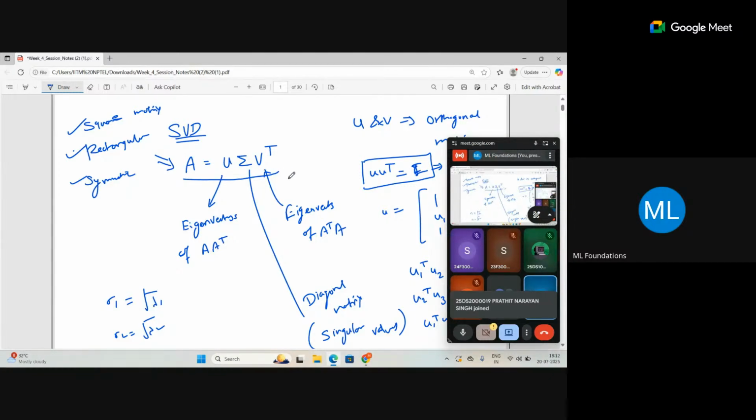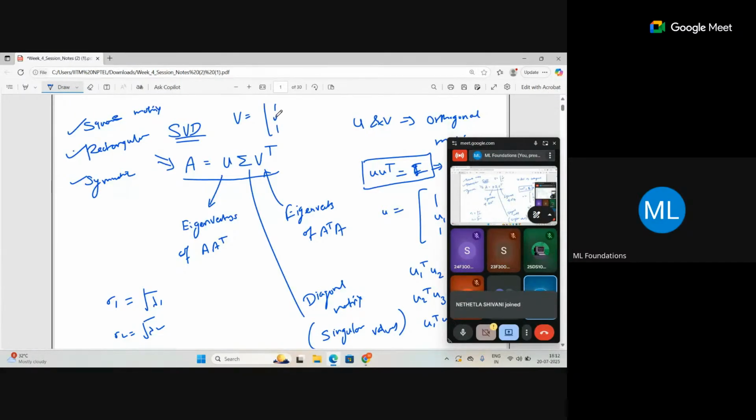U is formed by the eigenvectors of A transpose, and V is formed by the eigenvectors of A transpose A. First V will be formed, and the eigenvectors of A transpose A will be the columns.